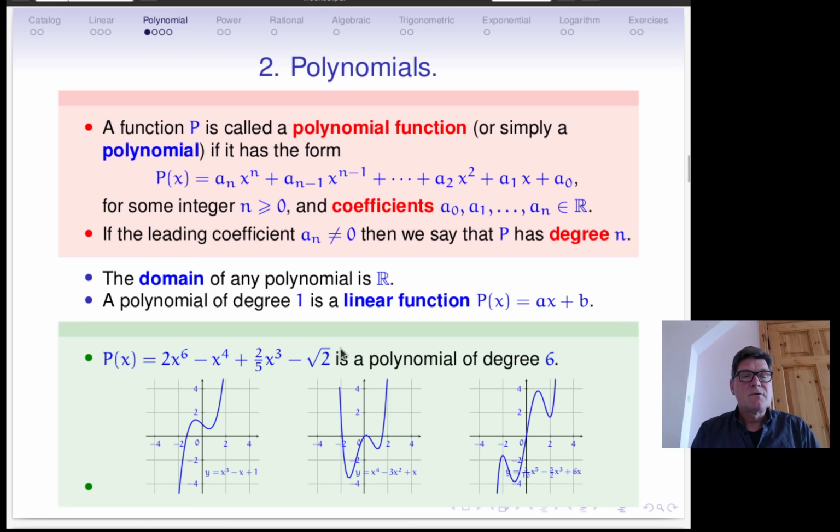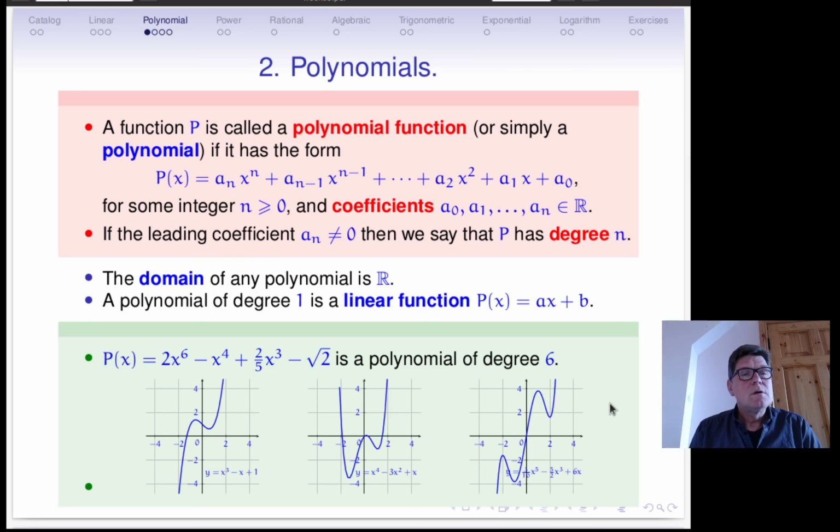This graph comes from above, goes down, up, down again, and then goes off in that direction. And here's a polynomial of degree 5. This is the formula y is 3 over 10 x to the 5th minus 5 over 2 x cubed plus 6x, and it has this shape.